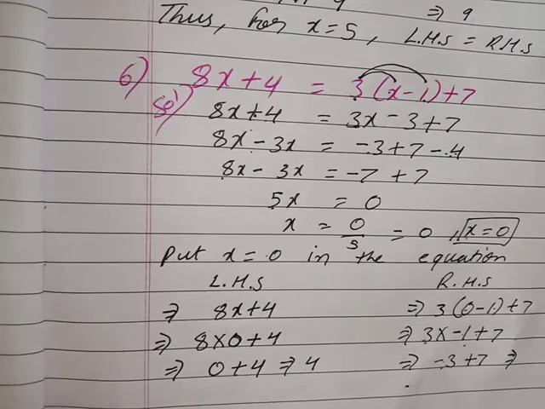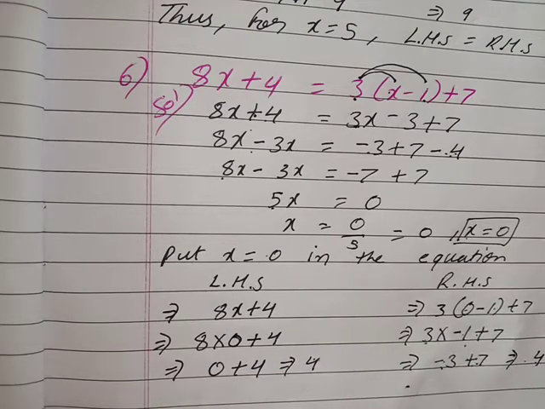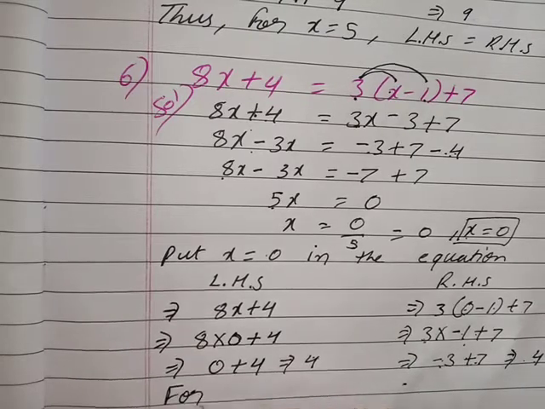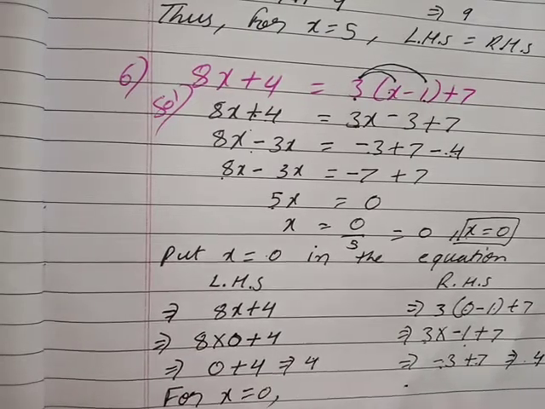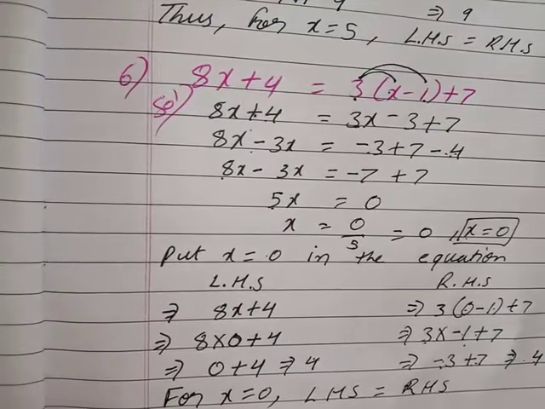So 7 minus 3 is 4, and the sign of the bigger number, which is 7, is plus. So plus 4. So in the LHS and RHS, when we put x equal to 0, we get 4. So for x equals 0, LHS is equal to RHS.